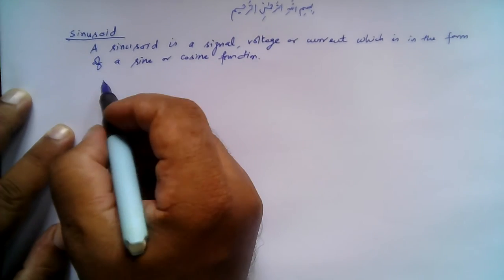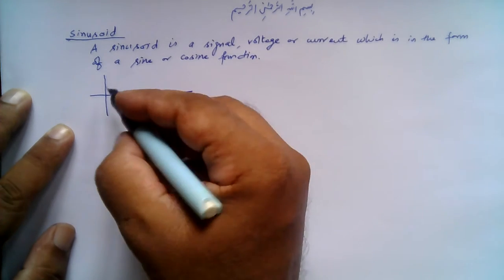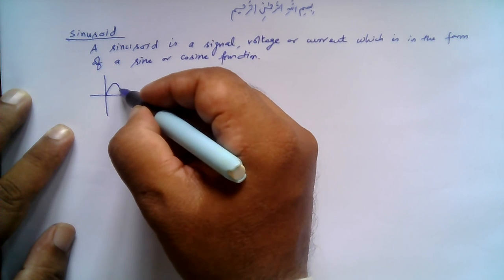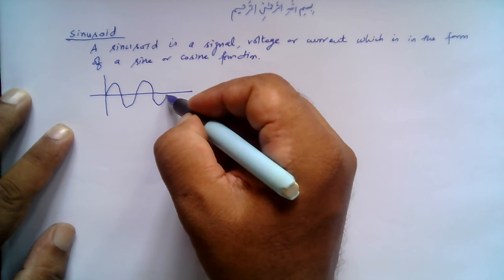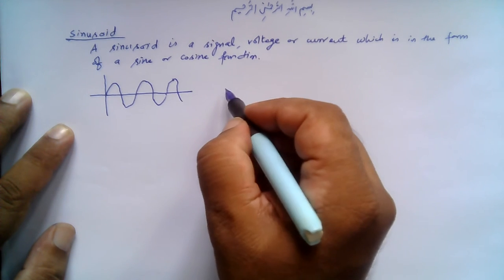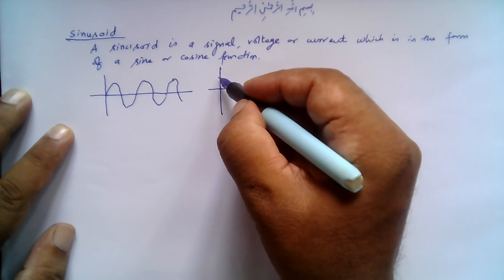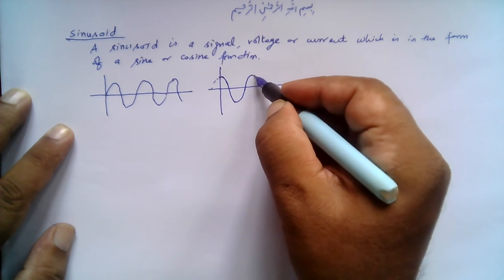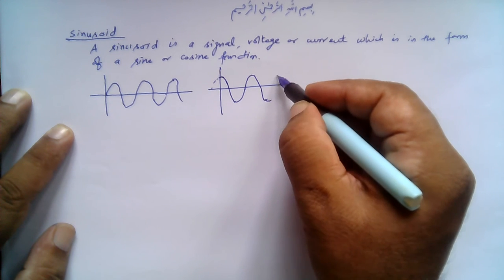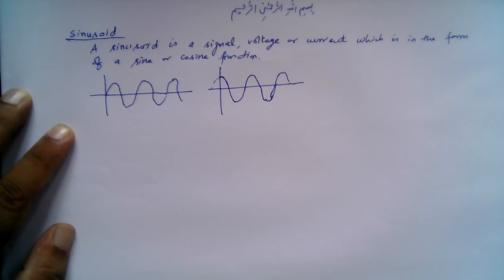So, for example, we can have a sine function like this, sine waveform like this, right? Or we can have a cosine function, cosine waveform, which is, for example, like this. So both these signal shapes, these are sinusoidal functions, right?